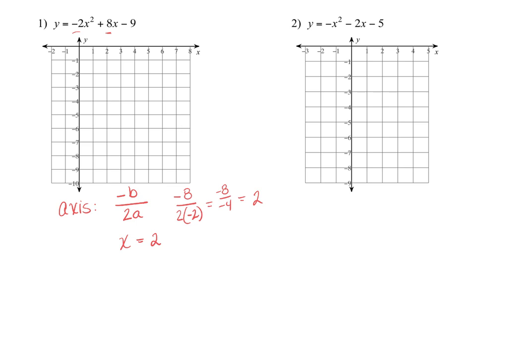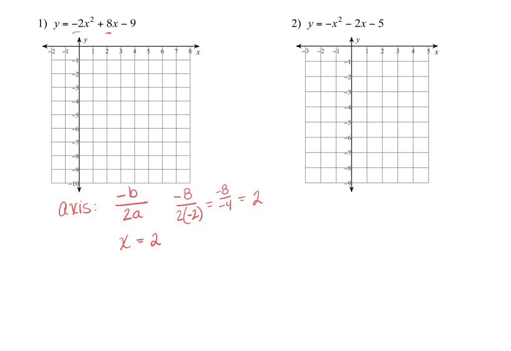Negative b over 2a. How do I graph my axis? My axis is always a vertical line at that number on the x-axis. So if I want to graph this, then I am going to go to +2 on my x-axis, and I am going to draw a vertical line.